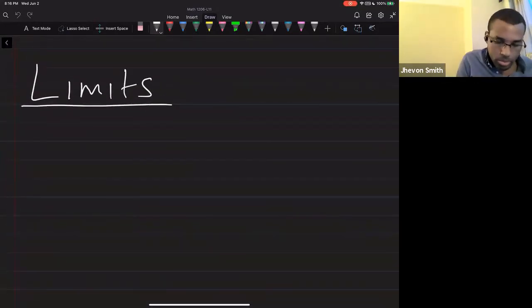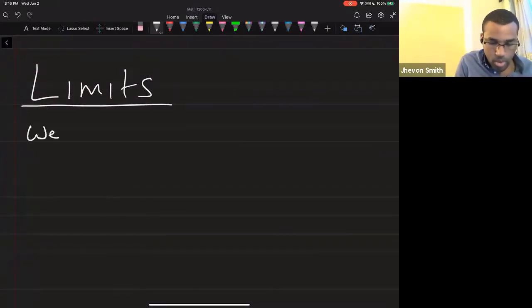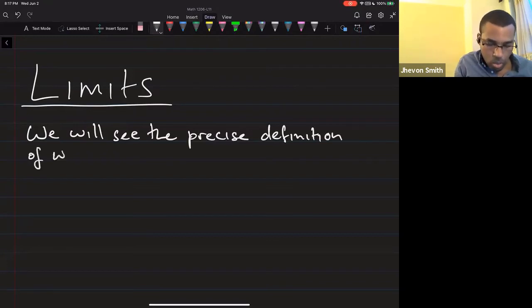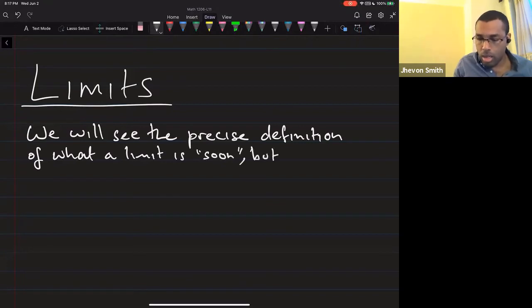Now, we will see the specific, maybe I should use the word precise, definition of what a limit is soon. But we start with a more intuitive definition.